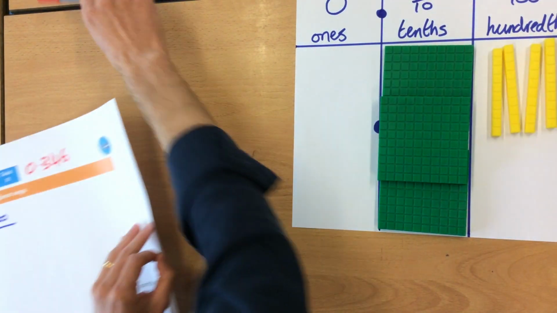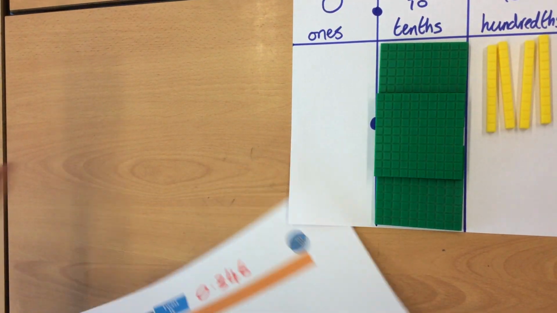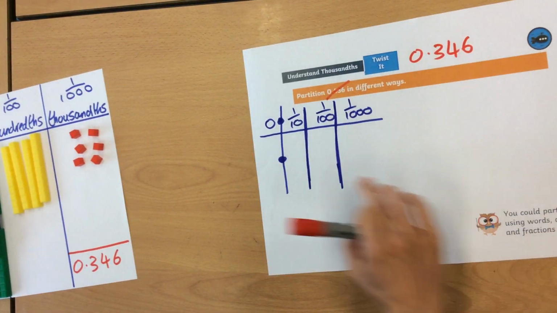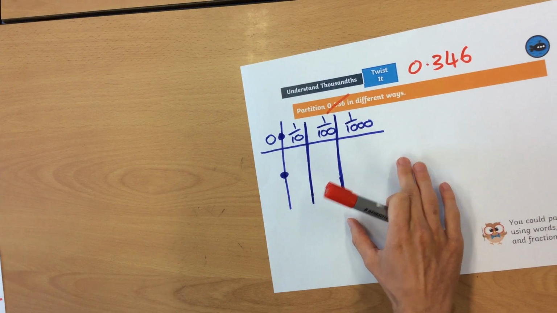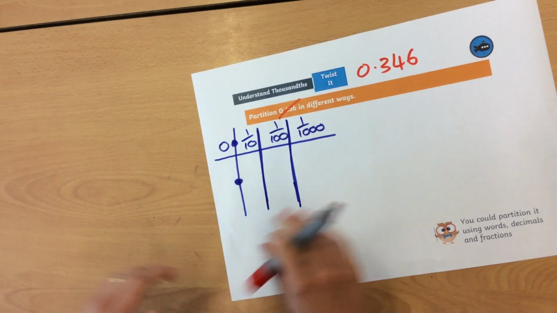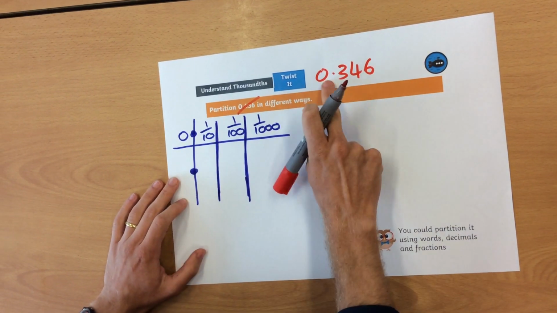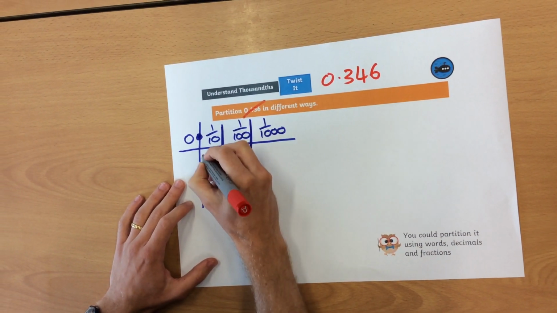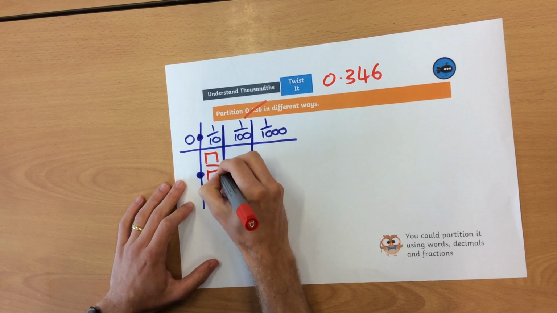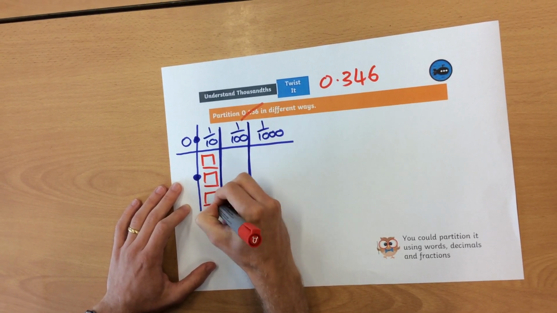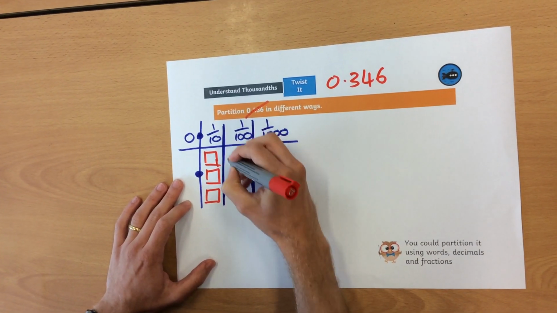I'm just going to put that to the side, and I'm going to try and draw the same shapes onto my mini place value grid here. Now at home, if you're able to, I would certainly draw a place value grid, because I think this is going to be the best way to start off. So I didn't have any in my ones. I'm going to have 3 in my tenths. I'm going to draw 3 tenths shapes of my Deans. I had 4 hundredths.